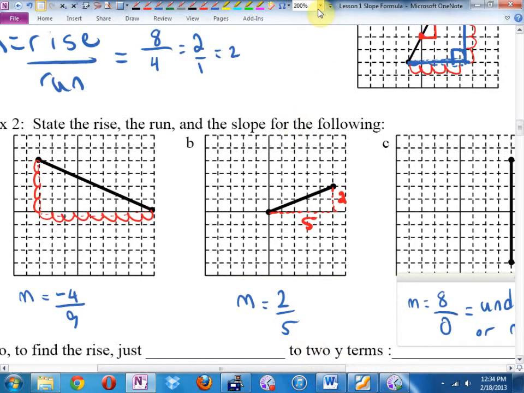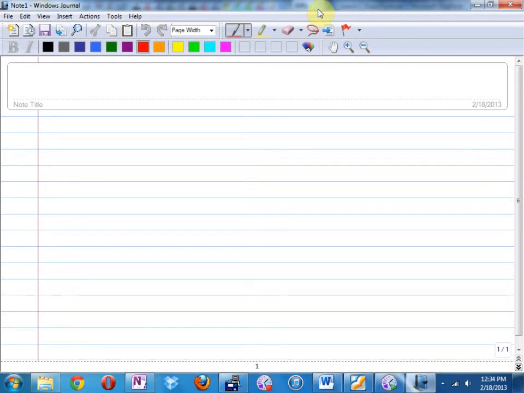What if I didn't give you a graph? What if instead, put your pencils down. What if instead I just gave you 2 points and no graph paper? What if I said, find the slope between 3, 5 and 7, 12?